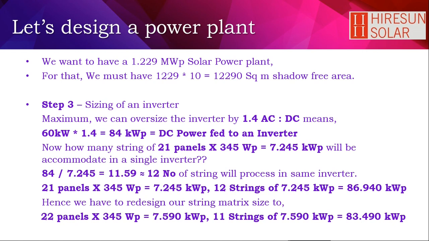Now to calculate how many strings of 21 panels of 345 watt peak or 7.245 will be accommodated in the single inverter, we are having the 84 divided by 7.245, considering the 84 kilowatt peak power, we are having 12 number of strings that could be processed in the same inverter.